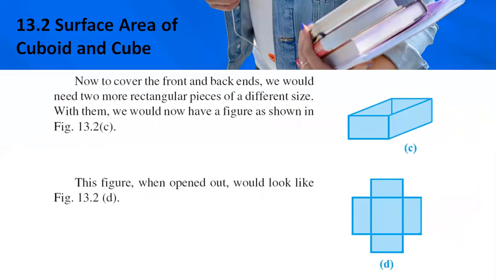Now to cover the front and back, we would need two more rectangular pieces of brown cover. When we fold them, they would look like figure 13.2c. If we open it, they look like 13.2d.